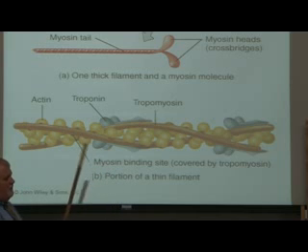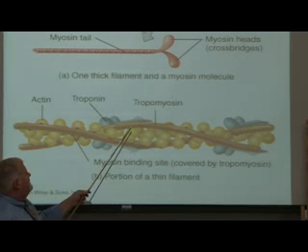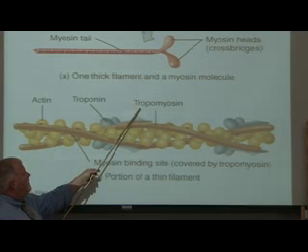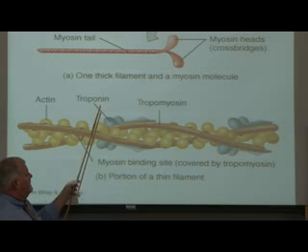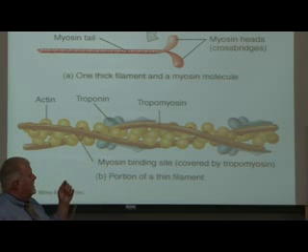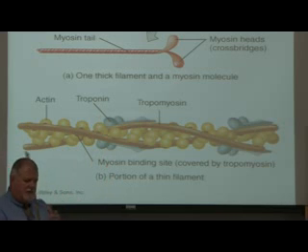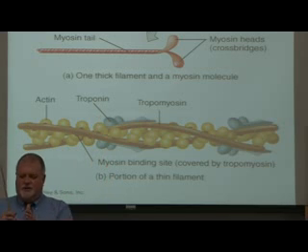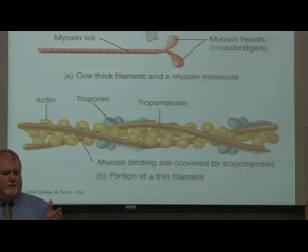And then the other part was that we had these 2 other proteins that interacted with it: tropomyosin and troponin. And then one other piece that took a little longer to discover. So these are all pieces of research that are occurring over time.